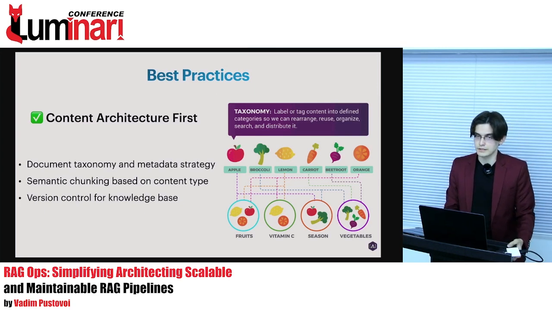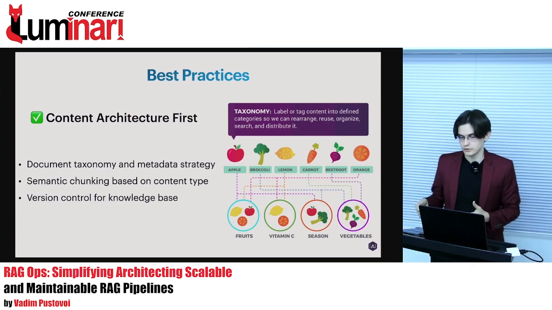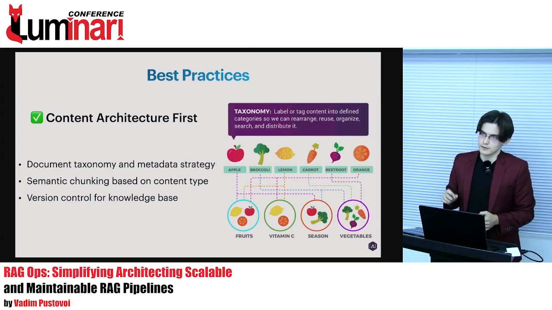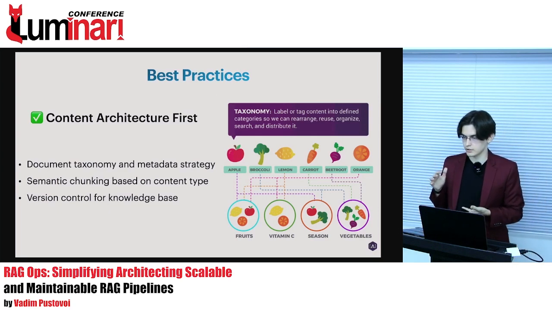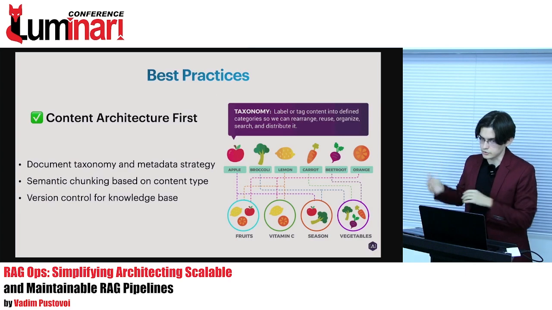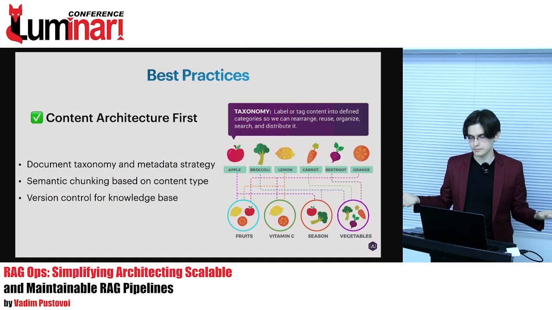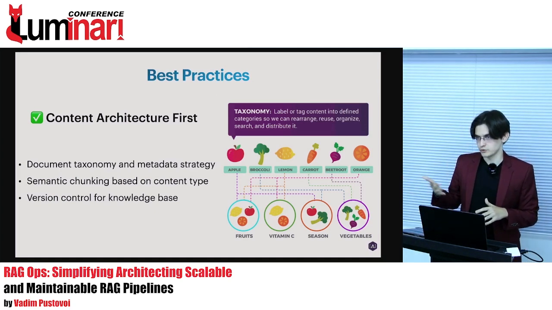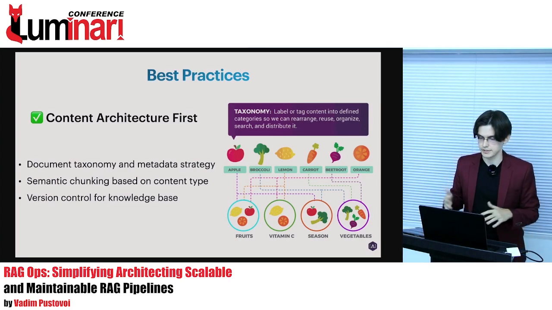So, what are the best practices? When you're planning your RAG system, I think you need to plan content architecture first. Sometimes the information just comes from different sources. It could be a PDF document, it could be an external database, it could be an API. And having all the information together, cached in one place, might be easy for a demo, or might be just more convenient because it is easier to manage.